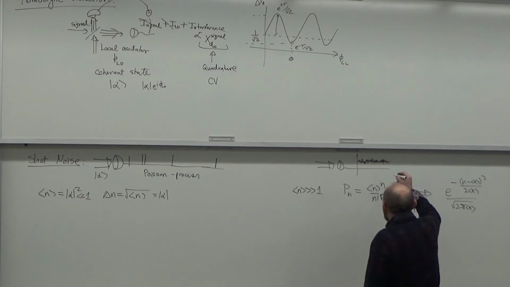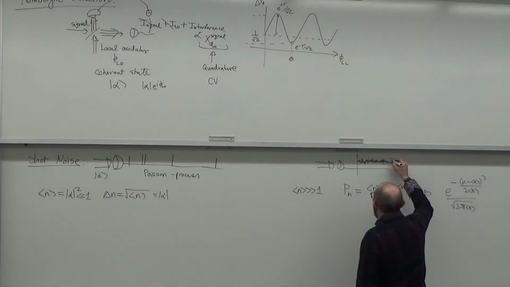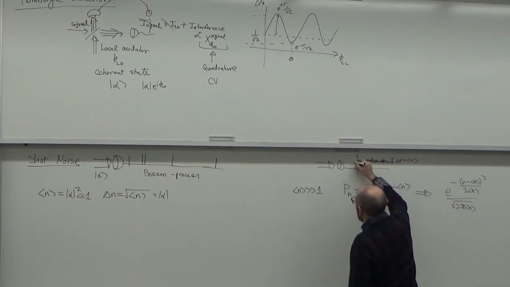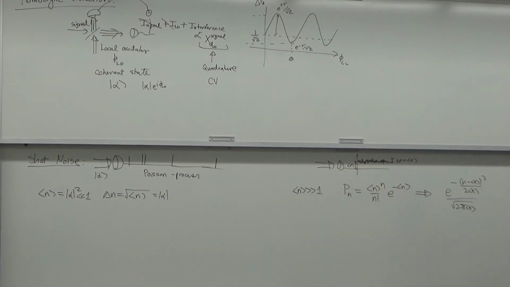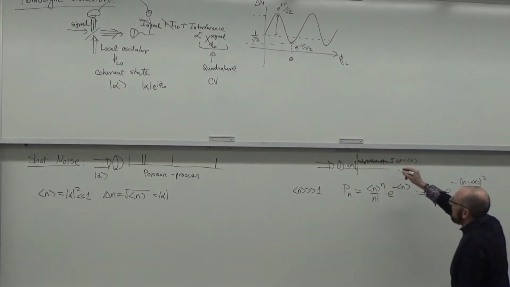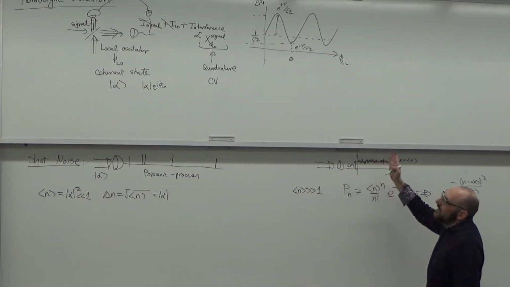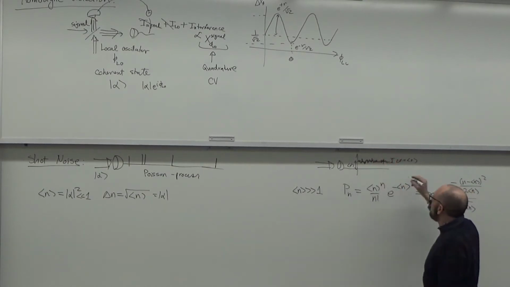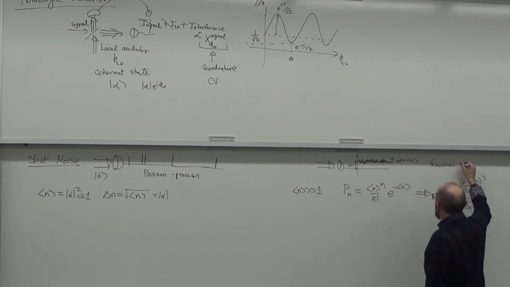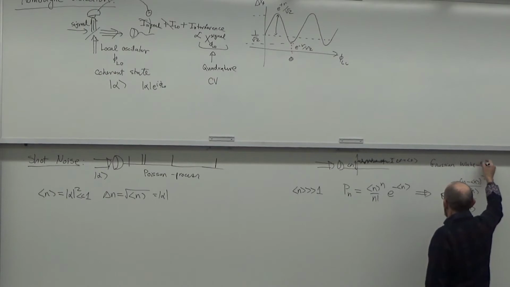With a fluctuation here equal to the mean n. So we would call this Gaussian noise, and because it's uncorrelated from any time bin to time bin, we would call this Gaussian white noise, which is the shot noise.